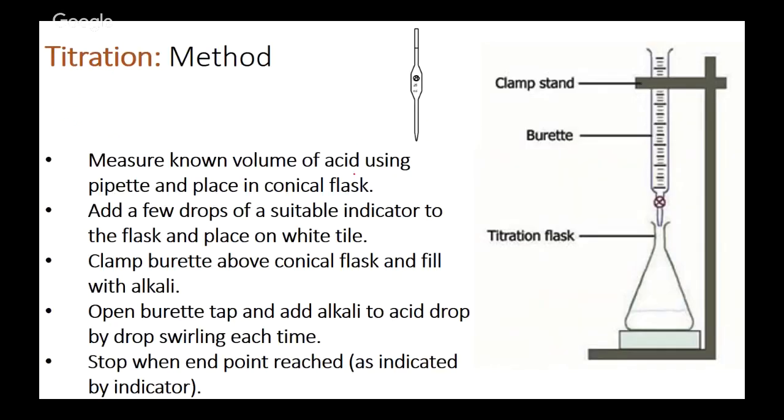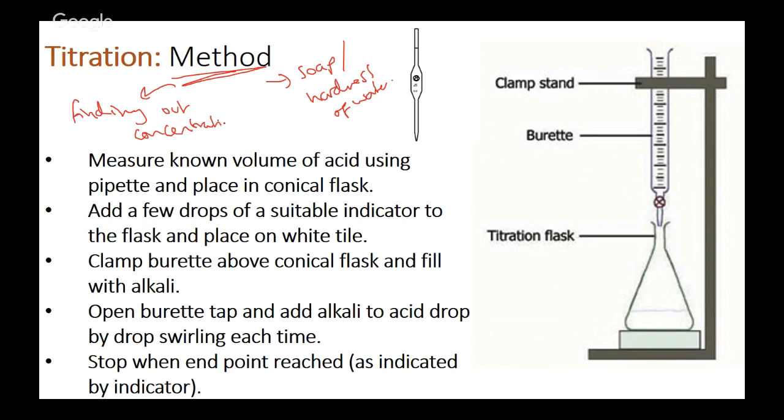Titrations then. You might be asked to draw a method for a titration. It could be in relation to soap and hardness of water, like we discussed before, or it can be in relation to finding out the concentration of an acid or an alkali.